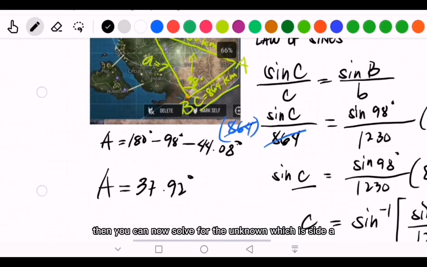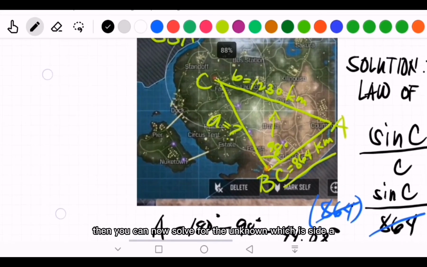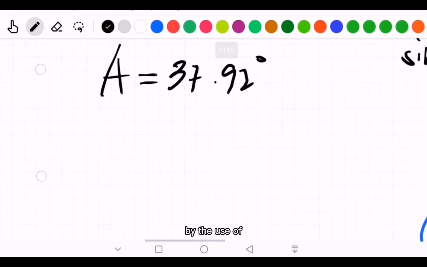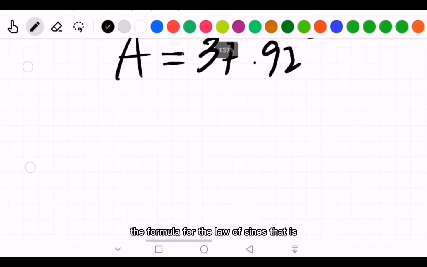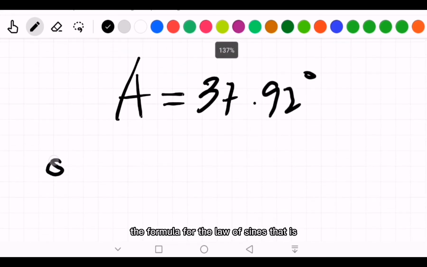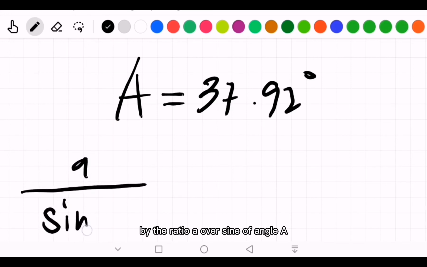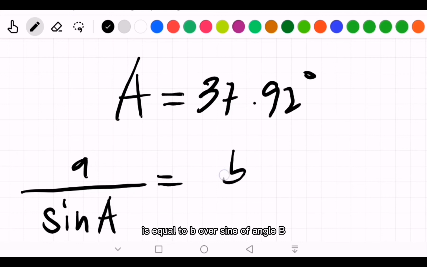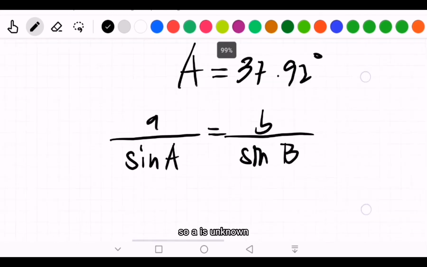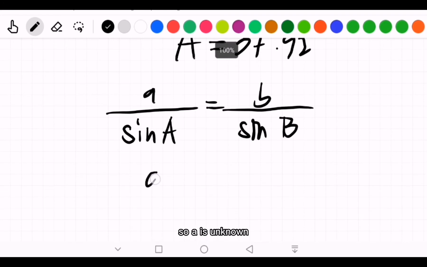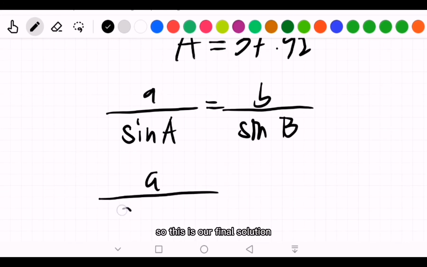Then we can now solve for the unknown, which is side A, by the use of the formula for the law of sines, that is by the ratio A over sine of angle A is equal to B over sine of angle B. So A is unknown, so this is our final solution.